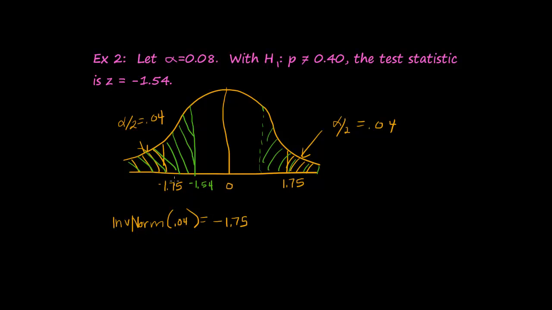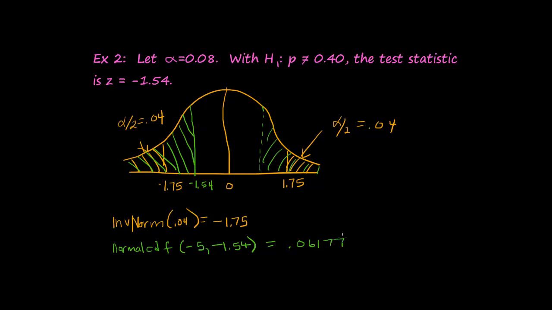Okay, so to find that area, we use the normal CDF function, and we start way down at negative infinity. We'll use negative 5 up to negative 1.54. Again, this is going to give us half of the p-value, and we get 0.06177.